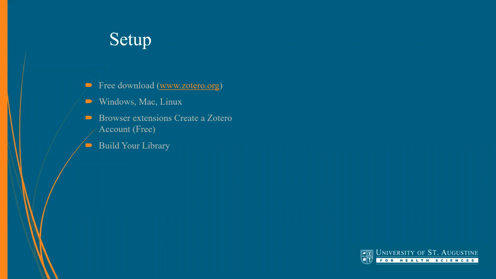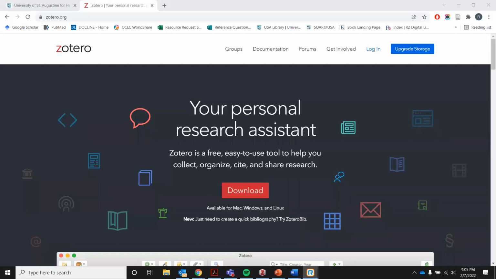So I'm going to head over to Zotero.org really quick, just to show you where that's at. I'll put it in the chat just in case. Zotero.org. And we're going to head over there right now. I'm going to share my screen again. And voila, we have Zotero.org. So right here is where you will come to get Zotero.